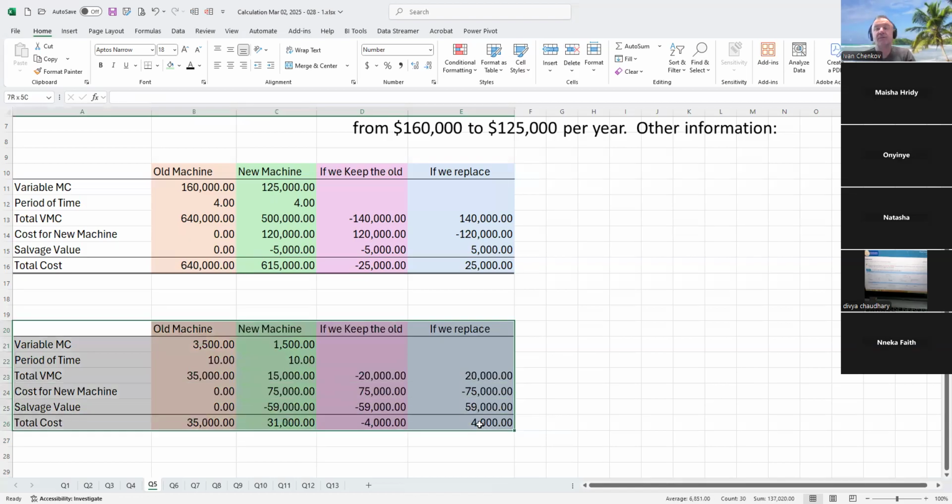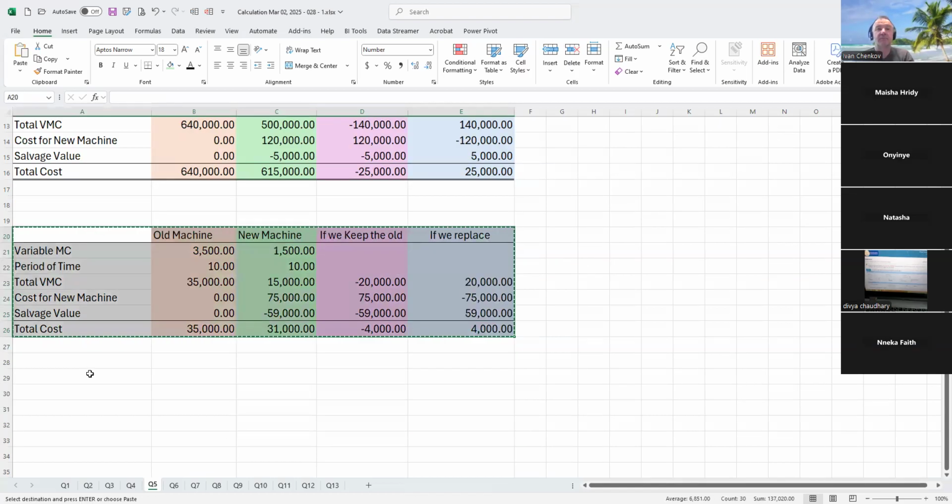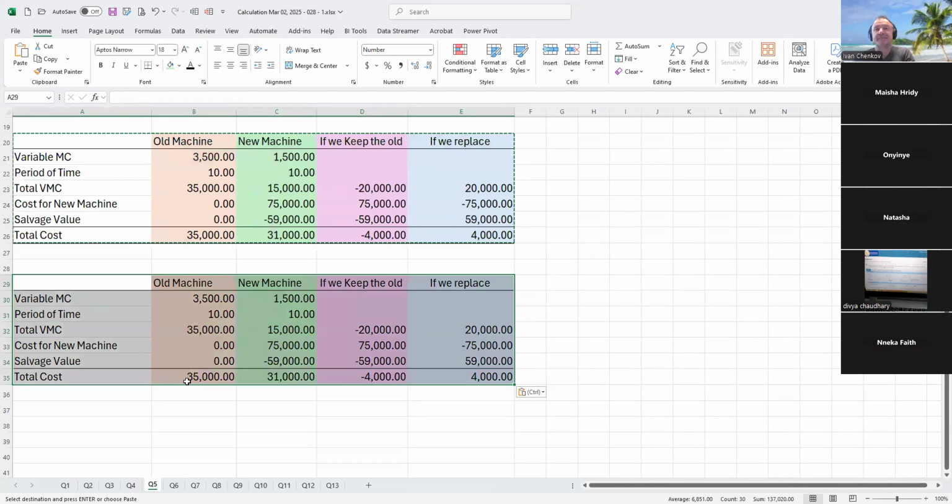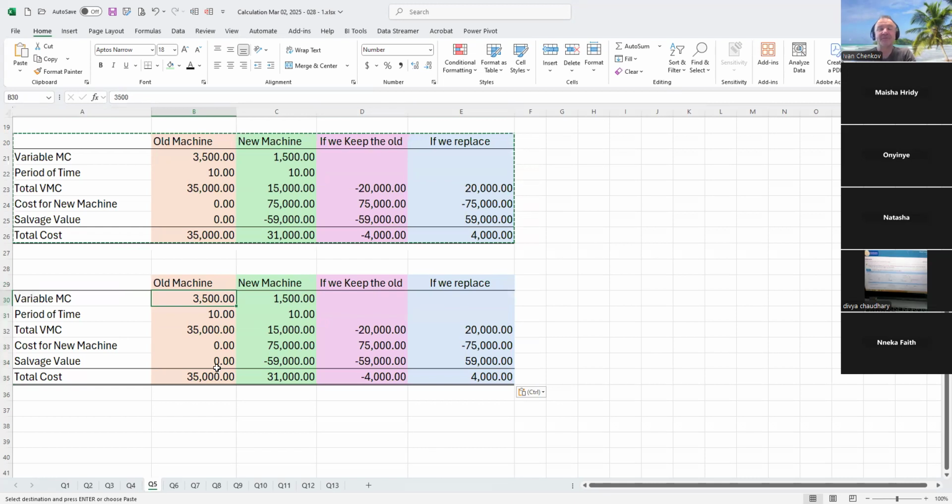Now, can we translate this for the fridge? Yes, we can. What are we chasing here on the fridge? The electricity consumption, right? Let's say my fridge consumes $50 per month.